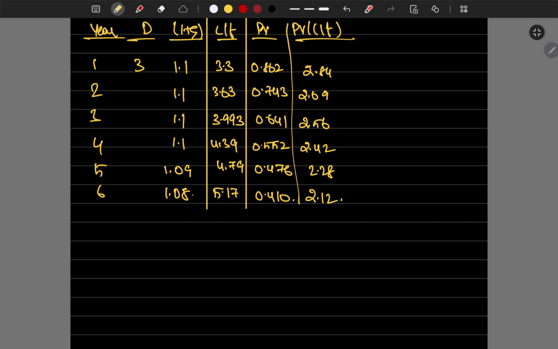Okay, we have now brought the dividend values of the various years to the first year.